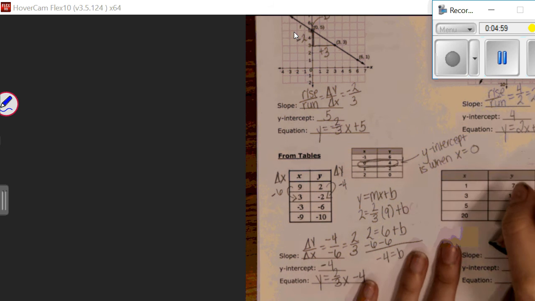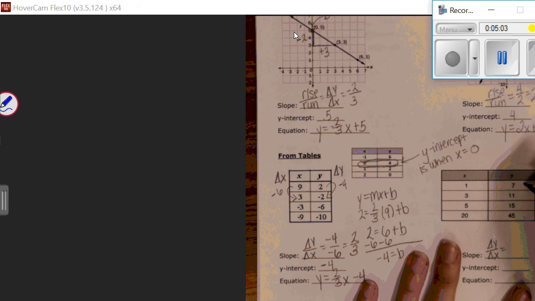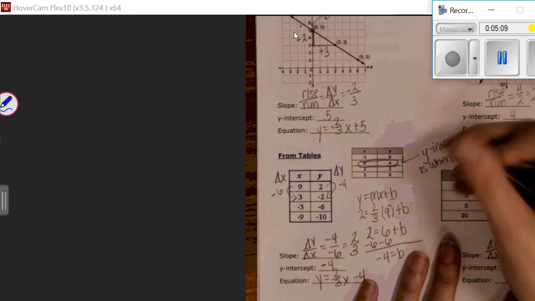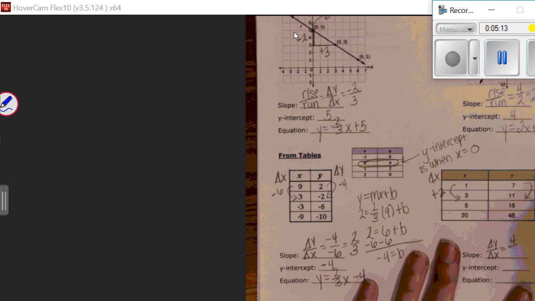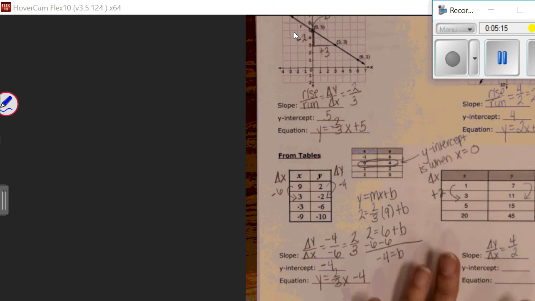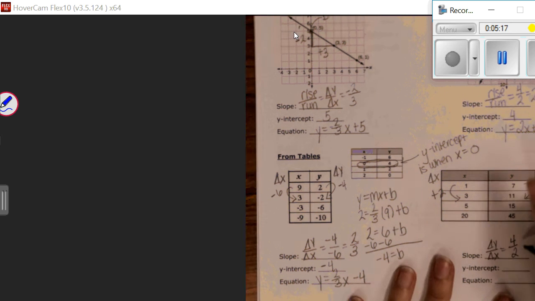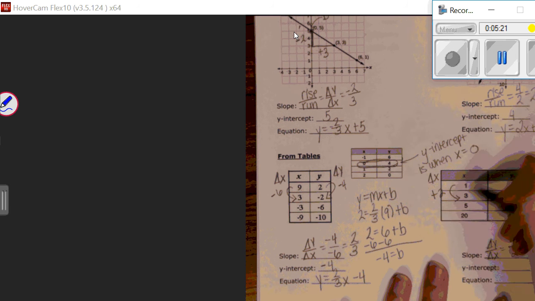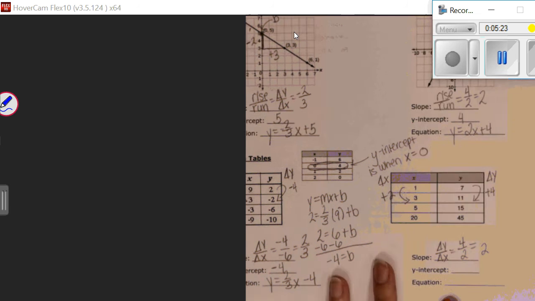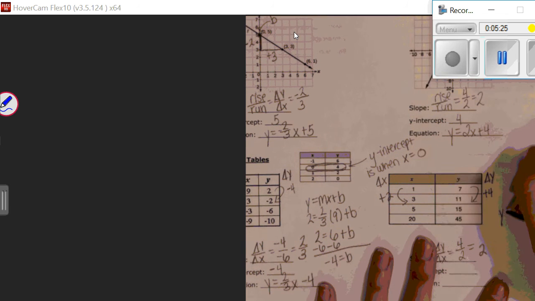Okay, on my next one, again, my slope is change in y over change in x. My change in y, it's increasing by 4. My change in x, it's increasing by 2. So 4 over 2 equals 2. My y-intercept can't be seen, so I'm going to use my equation again. y equals mx plus b.